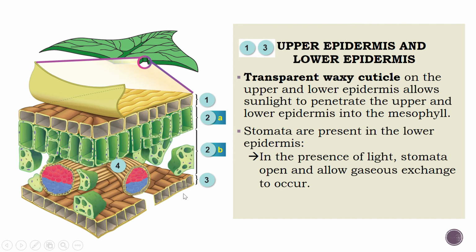So, when it is open, it will allow gaseous exchange to happen. What gases? Yes, they are the oxygen and also carbon dioxide gases. So please remember, we have respiration also going on at the same time apart from photosynthesis.